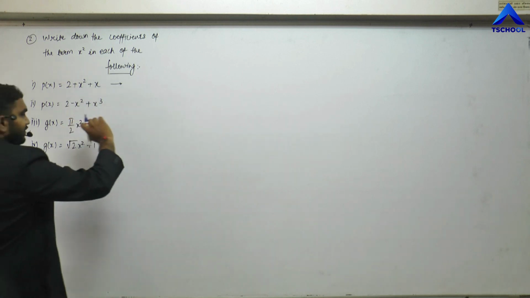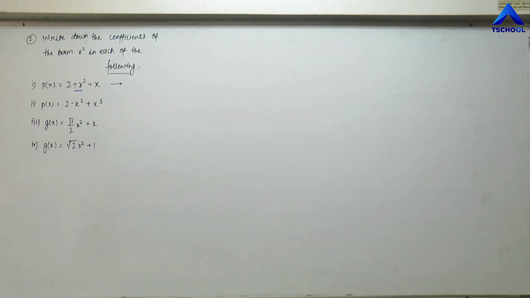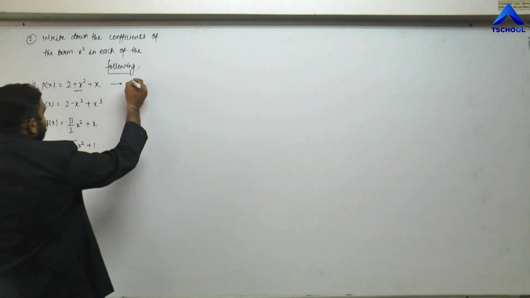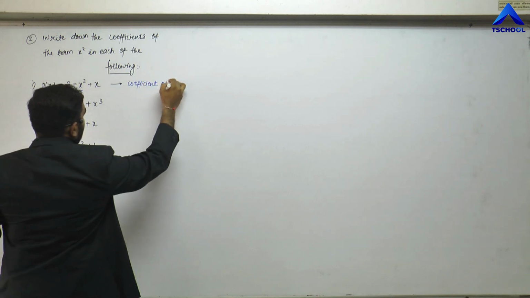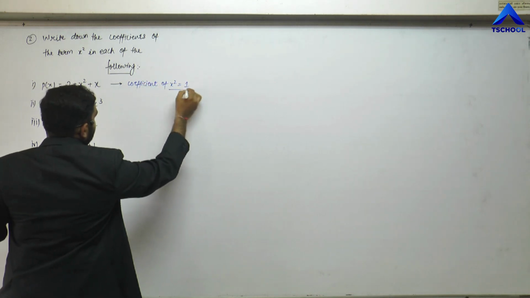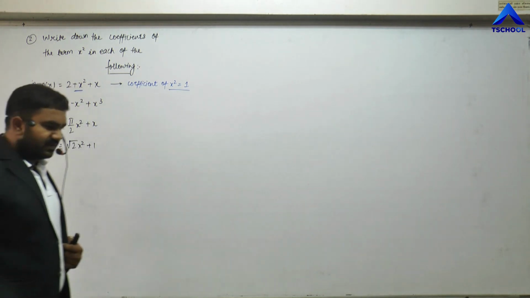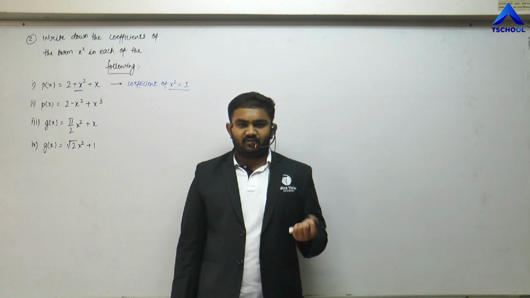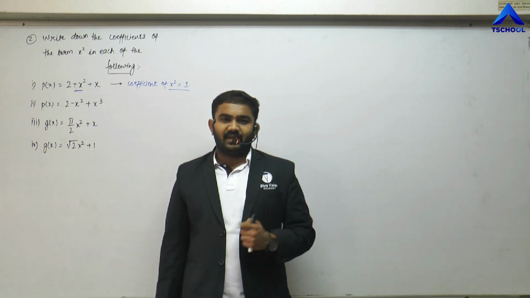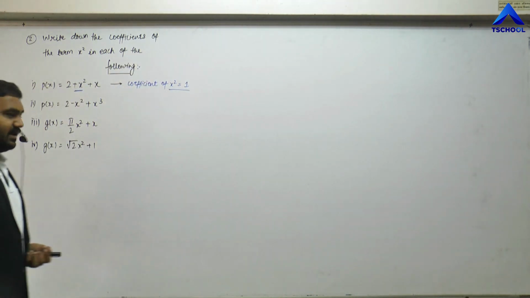If I look at this term x square here, there is no number which I can see physically, but actually the number present is 1, and hence the coefficient of x square is equal to 1. See friends, if you cannot see any number physically with x square, if you see a term like only x square, then the constant that is multiplied is 1, because 1 into x square is again x square.